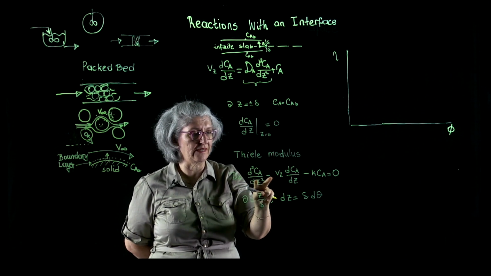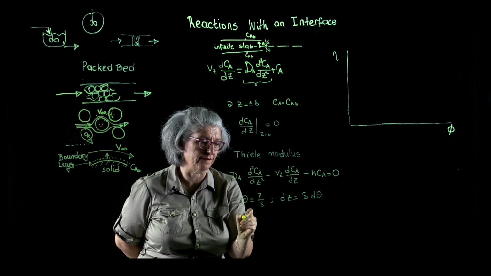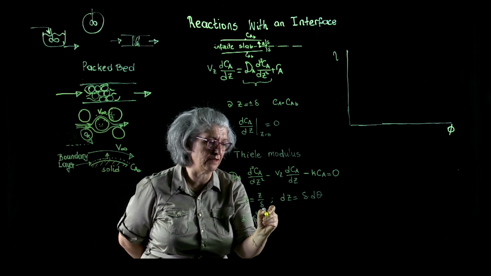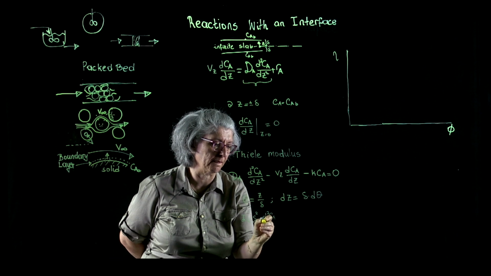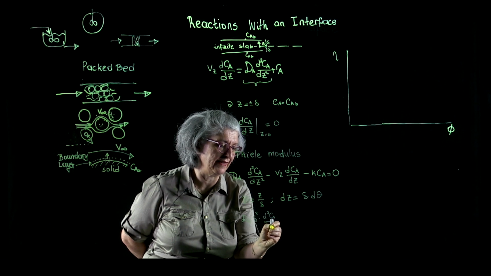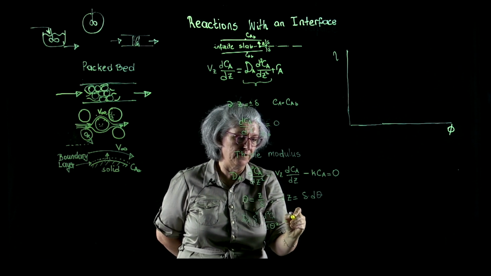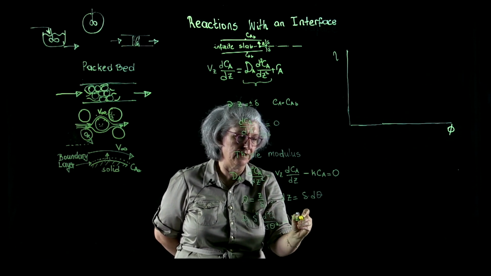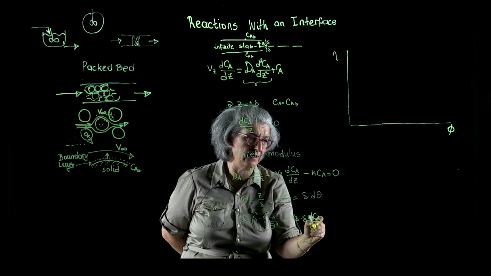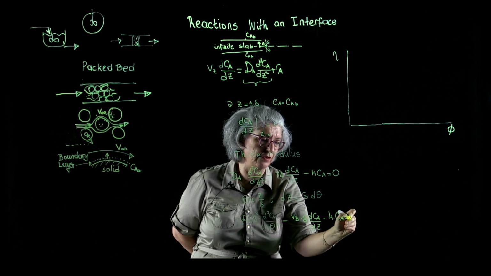Substituting that into this equation, we get dA times d square Ca over delta square d theta square minus Vz times dCa over delta d theta minus k times Ca equal to 0.